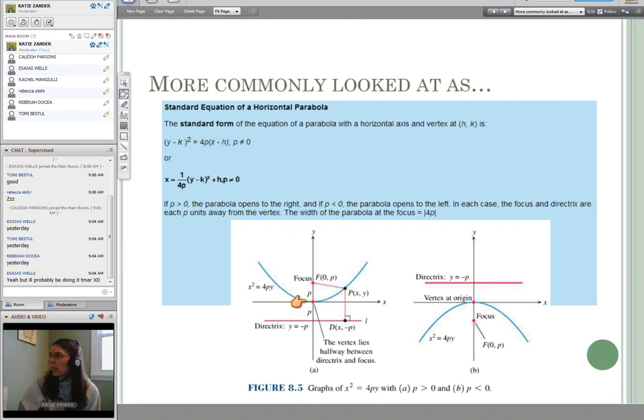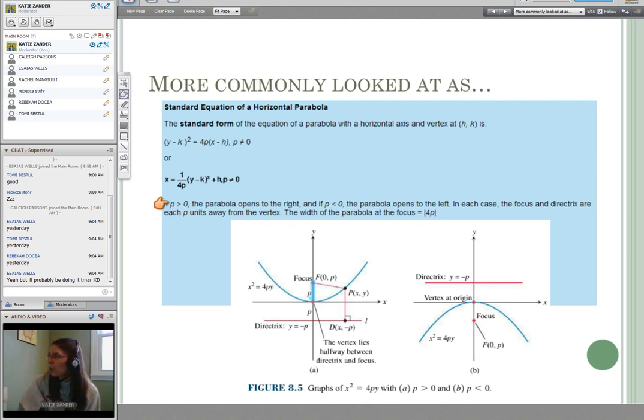So that value for P cannot be 0. And there's some other rules here regarding P. If P is greater than 0, you know your parabola opens to the right, and if P is less than 0, it opens to the left. We actually have a different table that will help us with opening right or left as well, versus up and down.